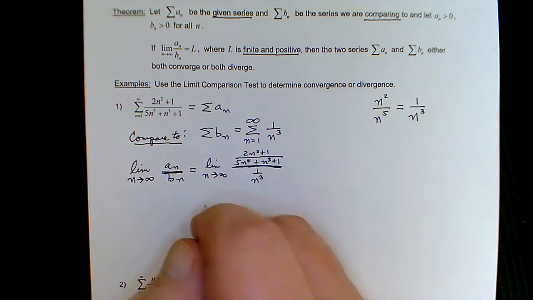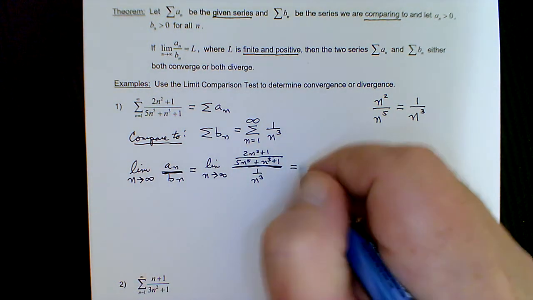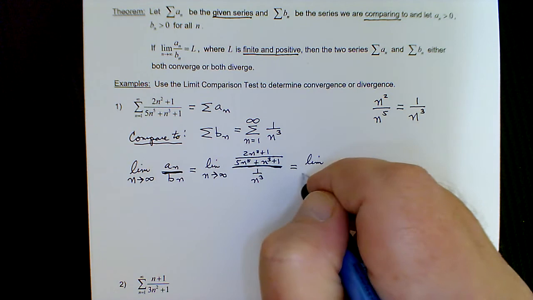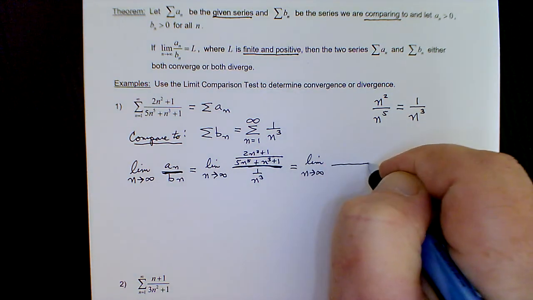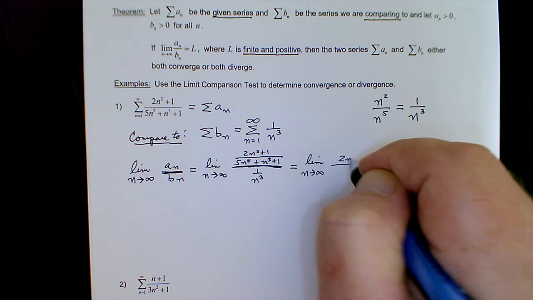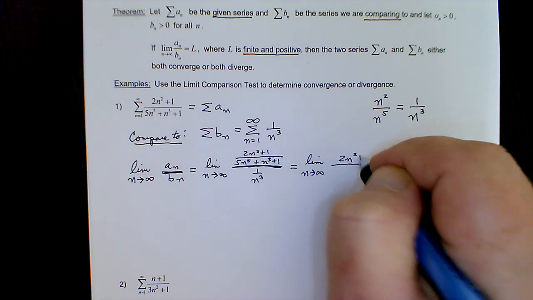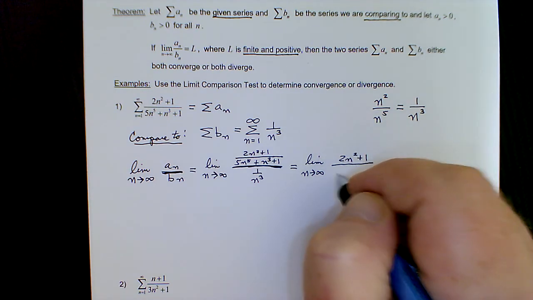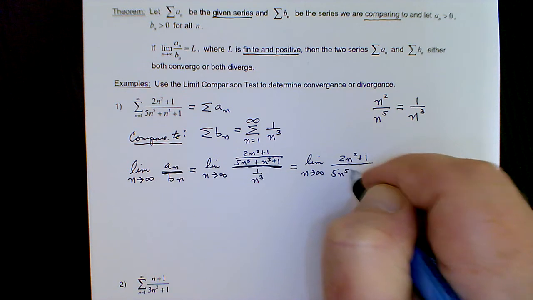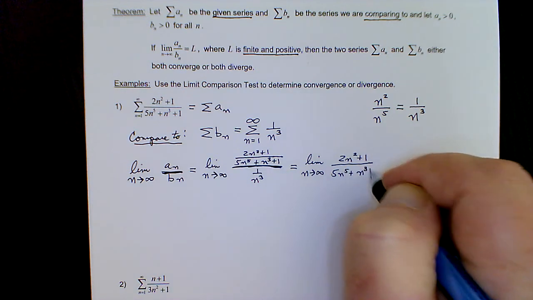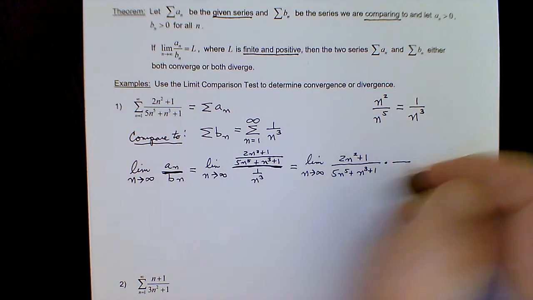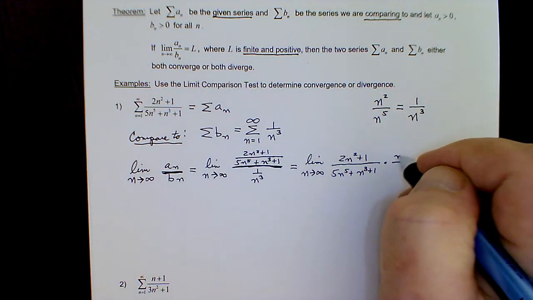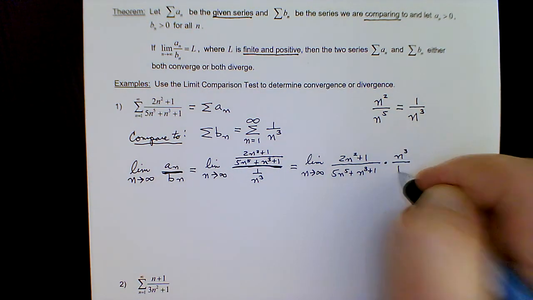I would suggest a little bit of algebra here. Rewrite the fraction that's in the numerator, and then multiply by the reciprocal of the fraction in the denominator, so times n cubed over 1.